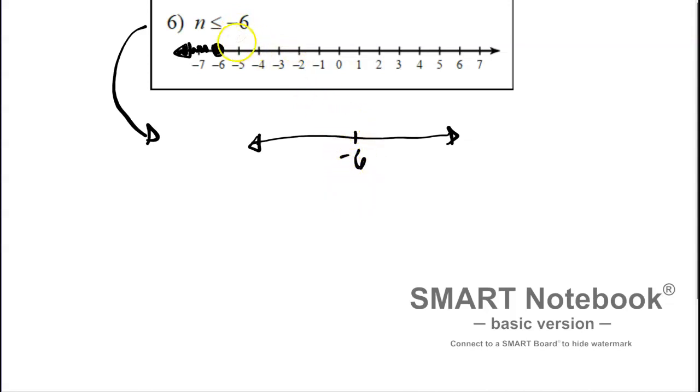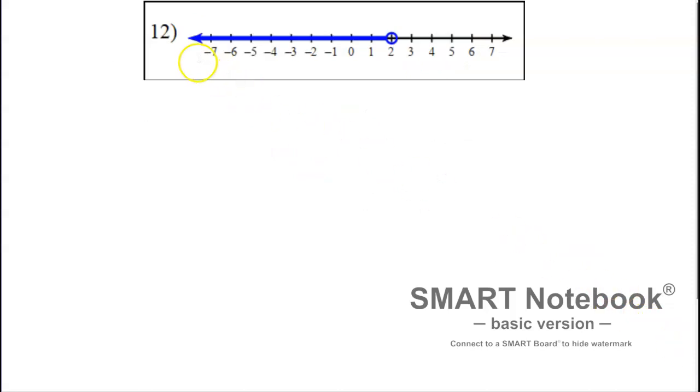And the first thing you want to ask is, is it open or closed circle? Equal to, so it's closed. And then any number less than, so you just highlight this area. You're going to have a couple to do, so you want to do it as neat as possible, but also save yourself time.